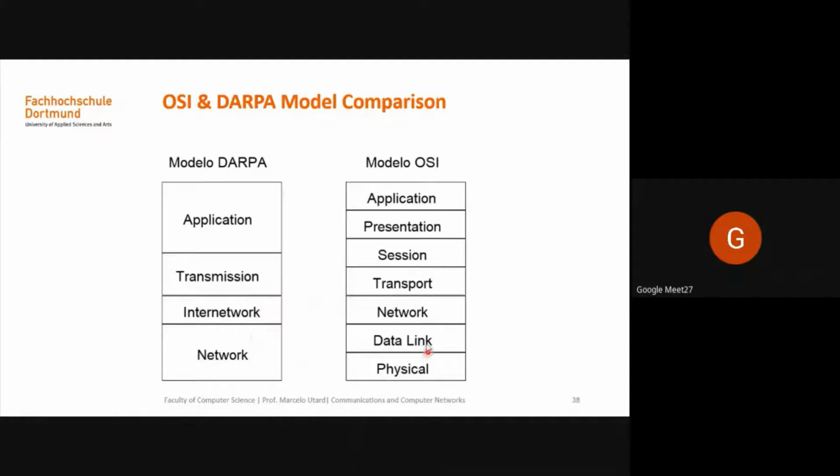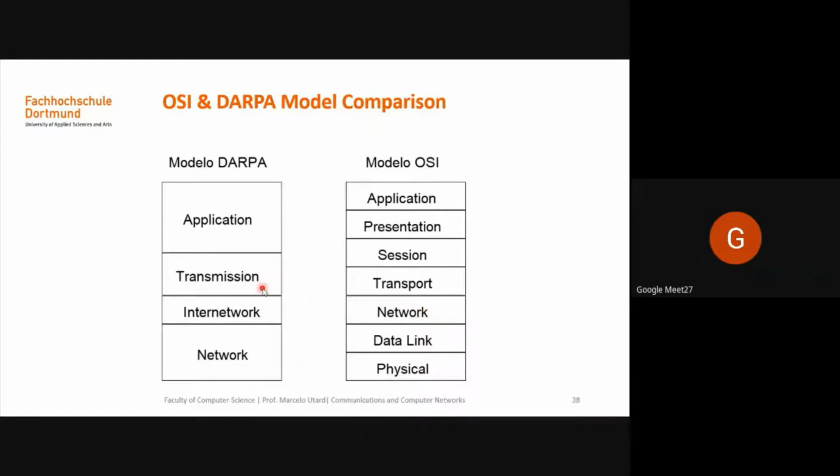For instance, the functions implemented at the network layer or link layer in the DARPA model are the same as ISO defined in the OSI reference model at the physical and data link layers. The functions implemented in the Internetwork layer are the same as the functions defined at the network layer in the OSI reference model.